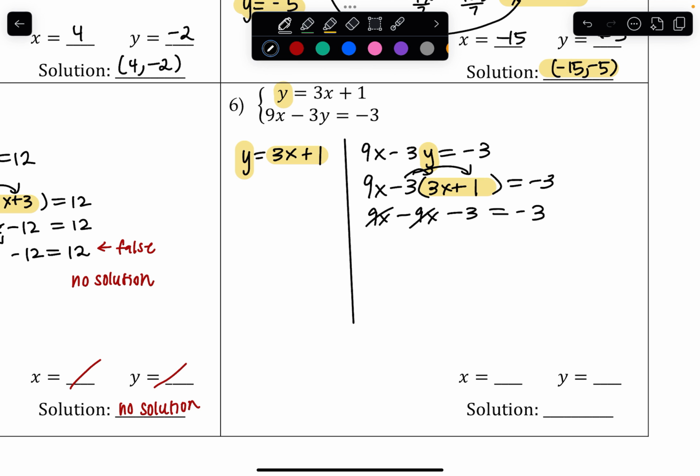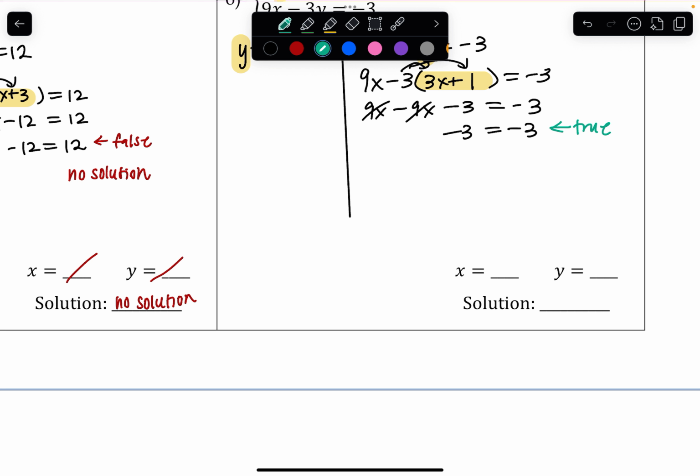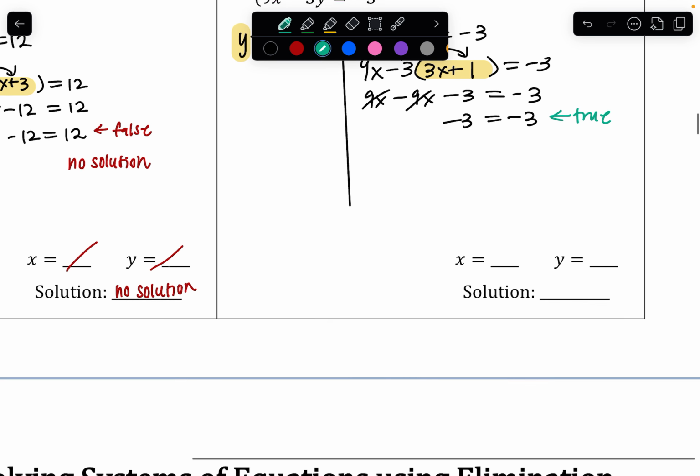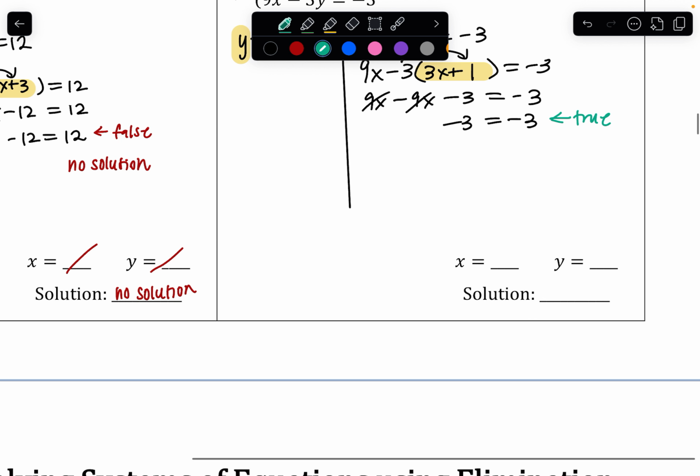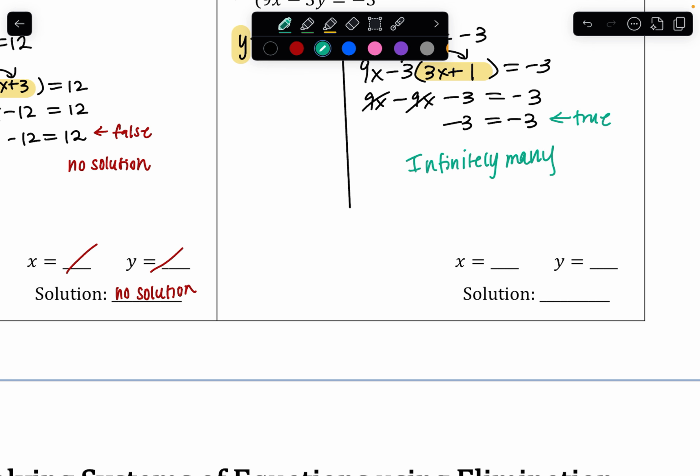Negative 9x plus 9x is 0x, so no x's. My variable dropped out, and I'm left with a true statement. Negative 3 does equal negative 3. And so instead of saying all real numbers, remember our solutions are ordered pairs. So this is a situation where we say infinitely many solutions, where the abbreviation is IMS.